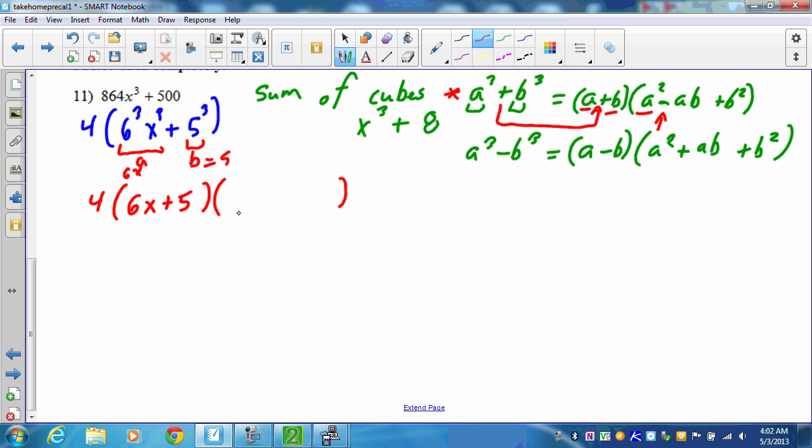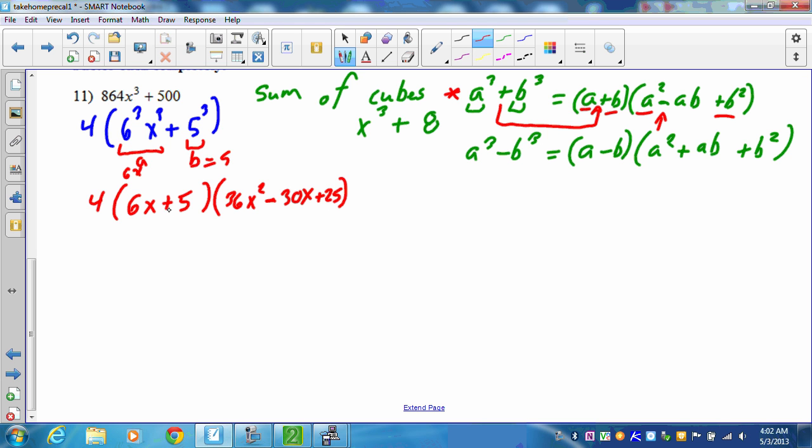so if you square a, you're going to get 36x squared. Since it's addition, the middle term of the quadratic is going to be subtraction, and a times b, 6x times 5 is 30x, and then b squared is just 25.